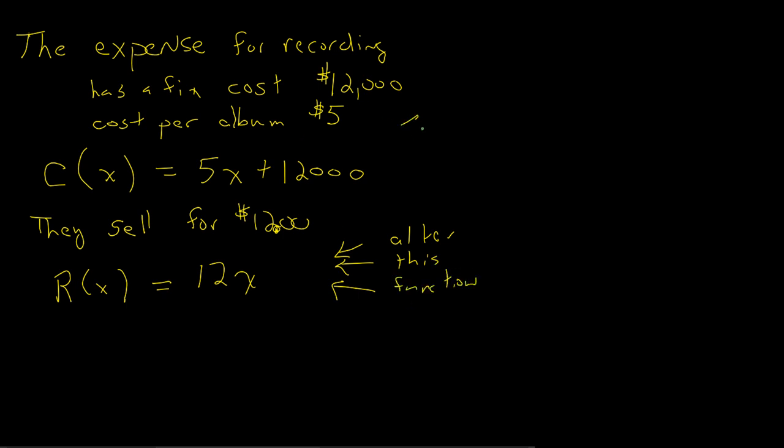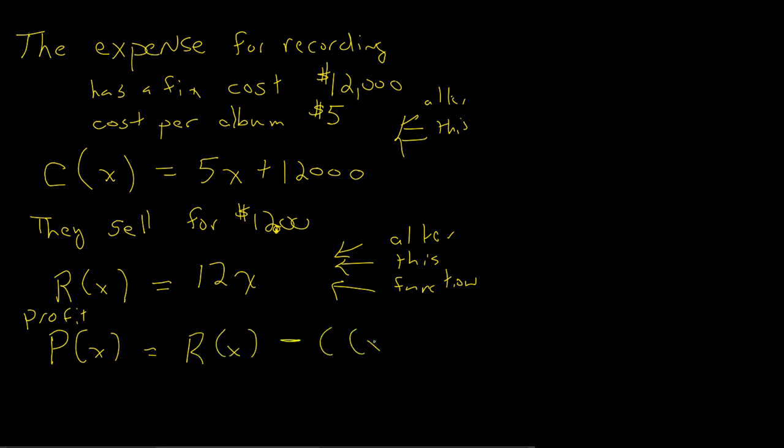And then maybe production costs change, or ad campaigns change, and you can alter this, right? You can alter and model them separately to try to get the least cost and the highest revenue. But when you want to figure out your profit, well, your profit is how much money you take in minus how much money you spend.